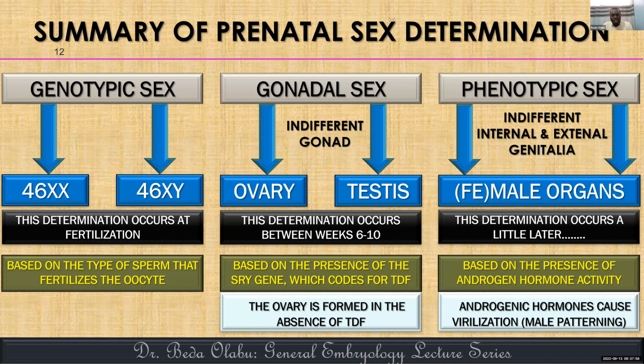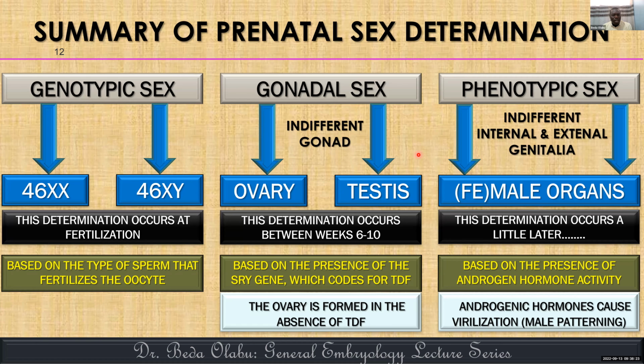The adrenal cortex of the fetus produces androgens, male sex hormones, whether they are genetically female or male or gonadally female or male. So that's an important source of androgens.